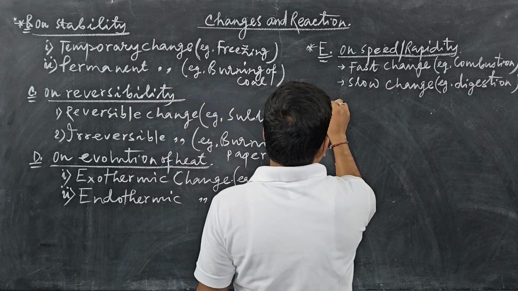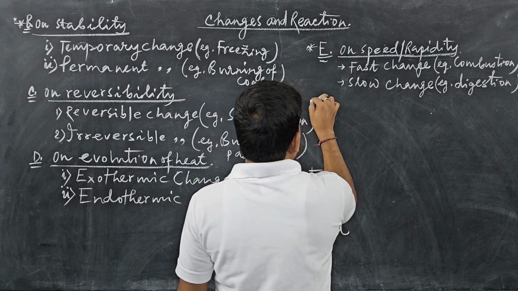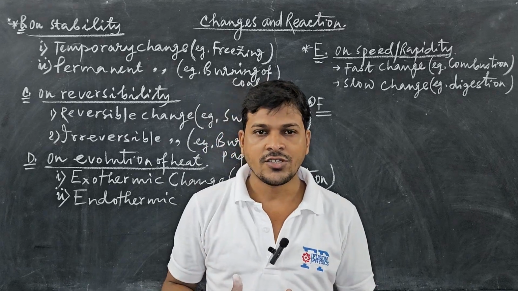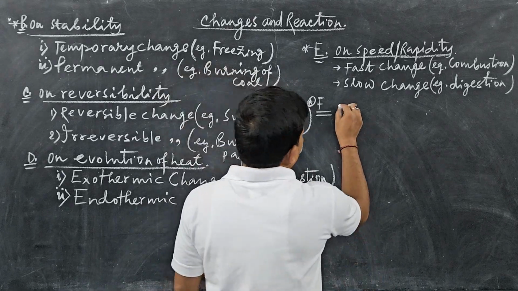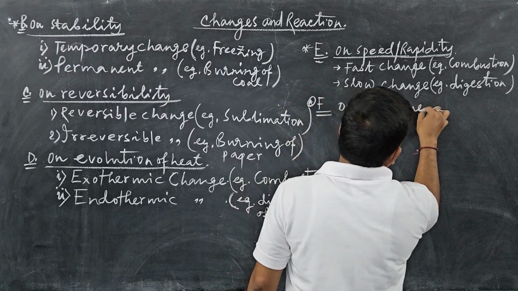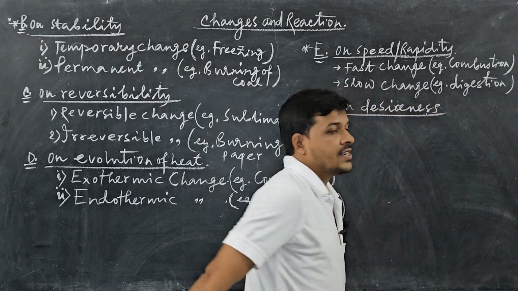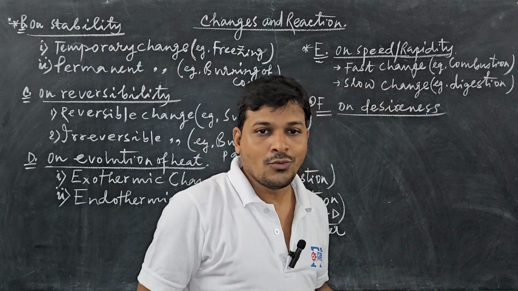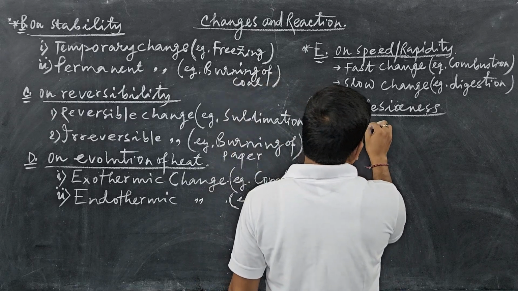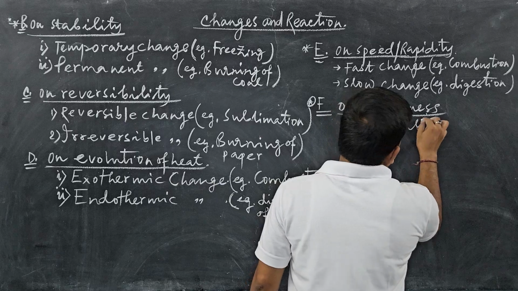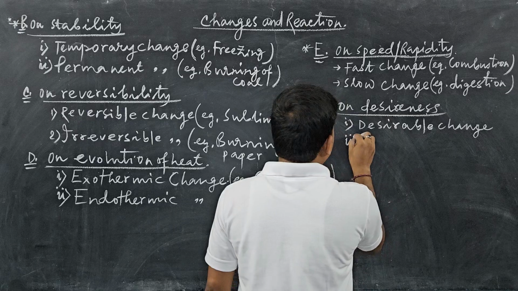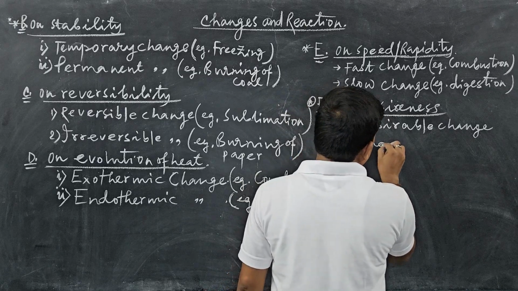Another type of change depends on our desire: the desirable change and the undesirable change, depending on whether we will it or not. Number one, the desirable change, and number two, the undesirable change.